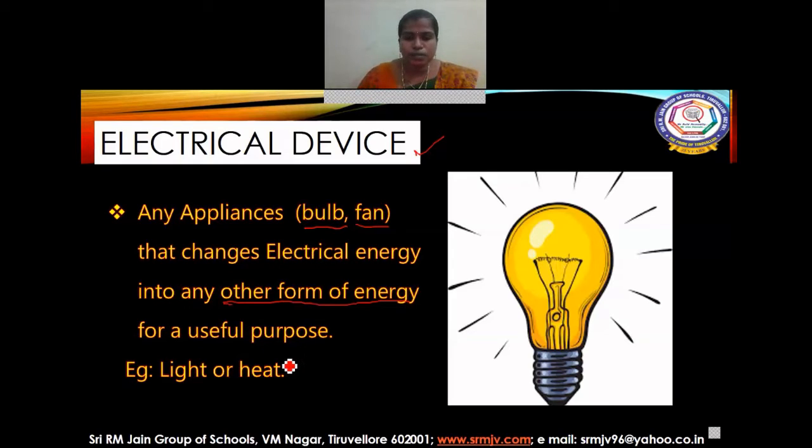For example, a light bulb converts electrical energy into light. And a heater converts electrical energy into heat. So depending upon our purpose, we need an electrical device in order to complete the circuit. Now, that's all about the components.